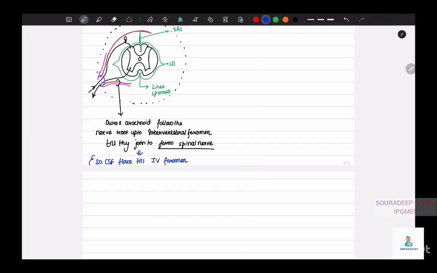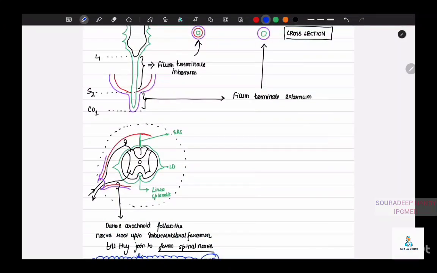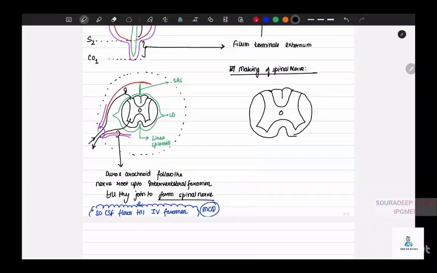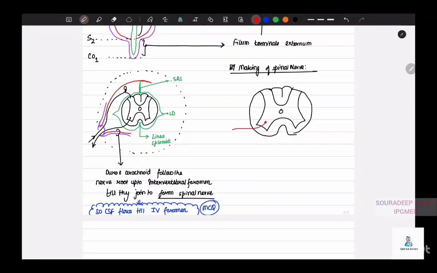So you can tell that CSF will flow up to the intervertebral foramen because the CSF flows within the subarachnoid space. Now let us discuss how a spinal nerve is formed. The motor and the sensory root join together to form the spinal nerve, and the spinal nerve, after leaving the intervertebral foramen, divides into 2 rami: the larger ventral ramus and the smaller dorsal ramus. Both rami contain both sensory and motor components.